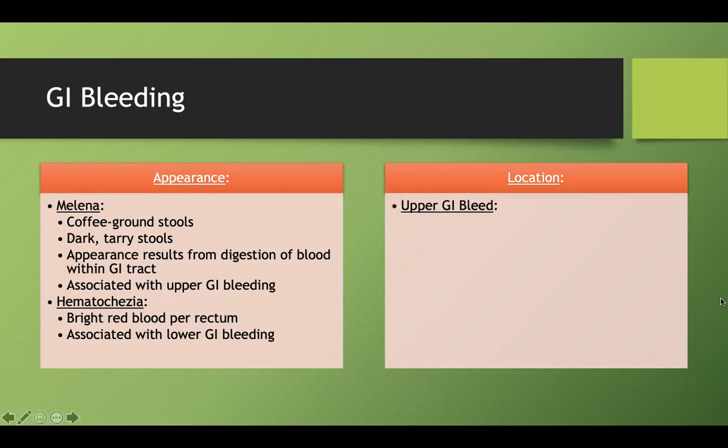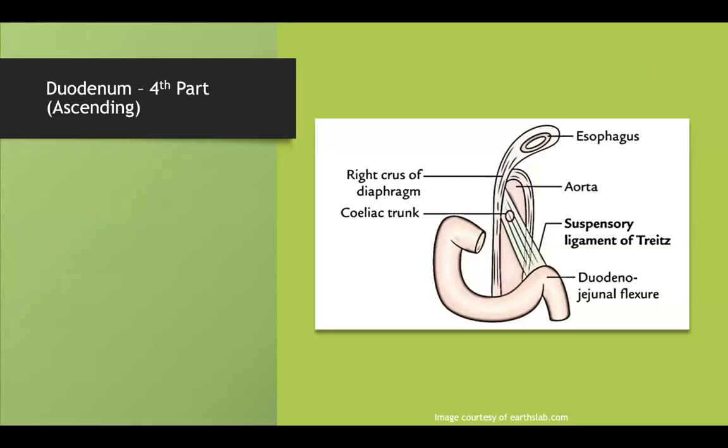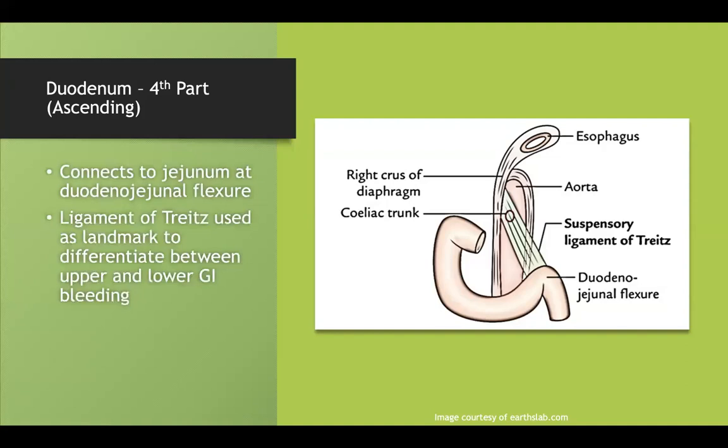So let's talk about what those actually mean, upper versus lower. An upper GI bleed is any bleed that's originating proximal to the ligament of Treitz. In our small intestine lecture, we talked about the duodenum, and I broke down each of the 4 sections of the duodenum. When I talked about the ascending duodenum, or the 4th portion, all I really wanted you to know is that there's this ligament of Treitz here.